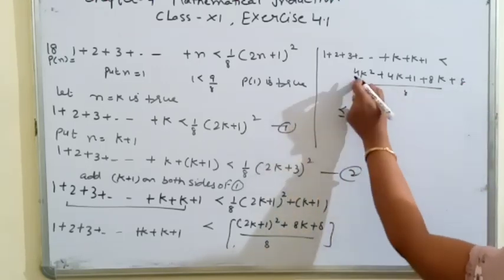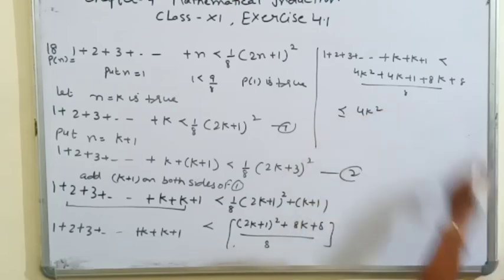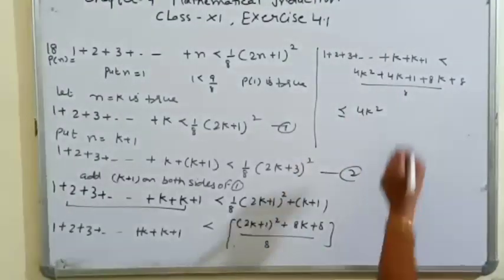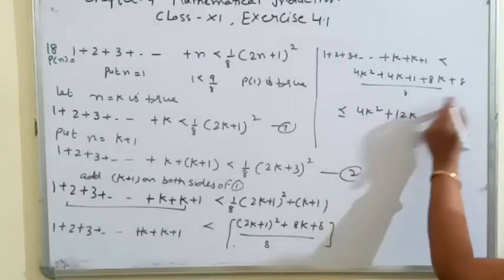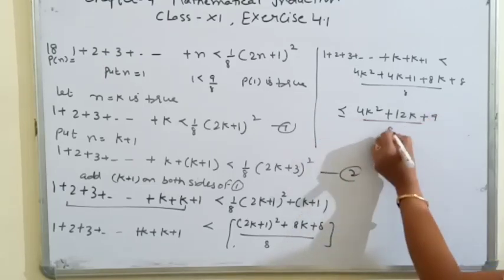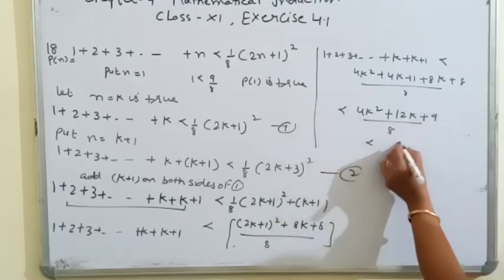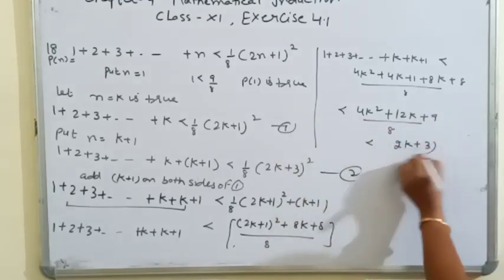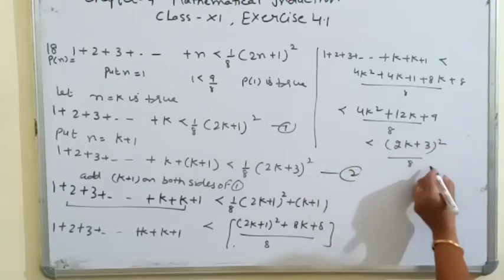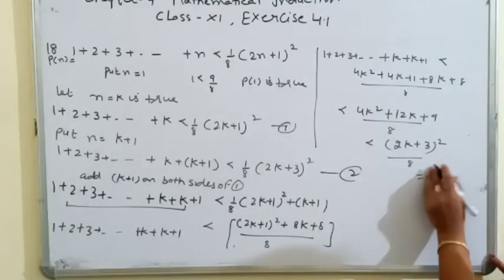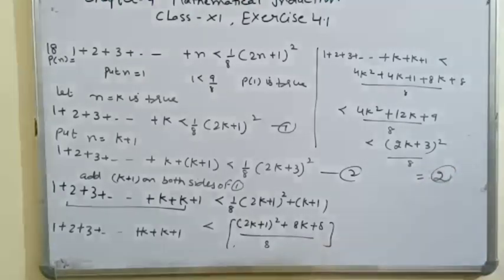So 4k square, 4k and 8k, this is 12k. 8 plus 1 is 9. Less than, this is the 2k plus 3 whole square, which is equal to the second equation which we have to prove.